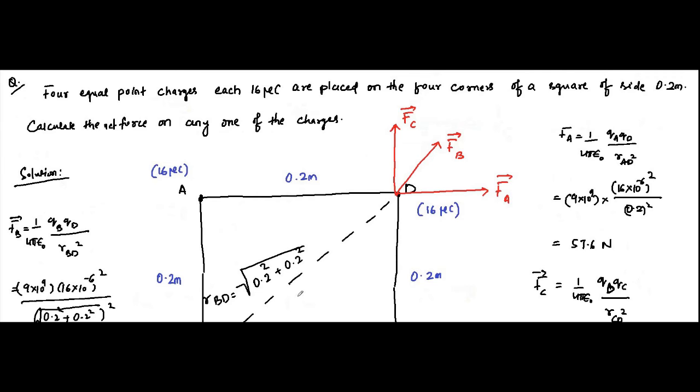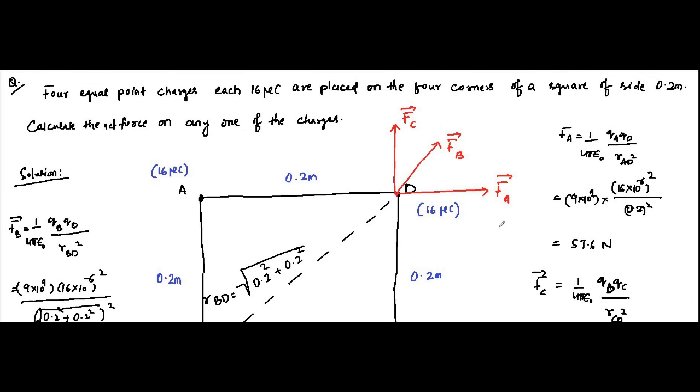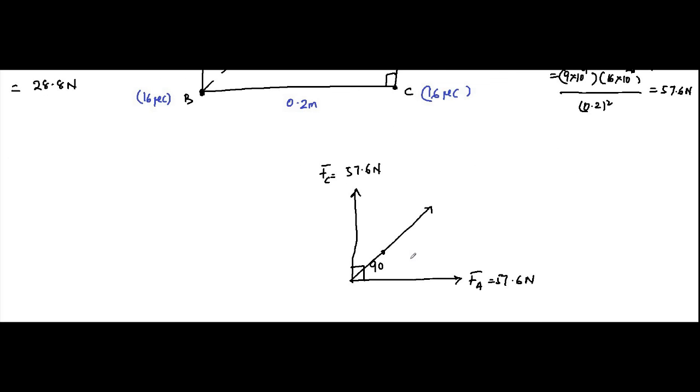So we have FA as 57.6 Newton and FC also 57.6 Newton. The angle between them is 90 degrees. See here, FC and FA, the resultant will be this.